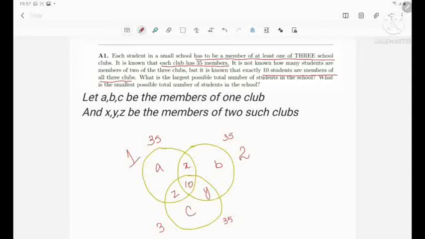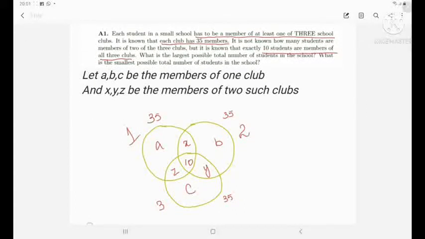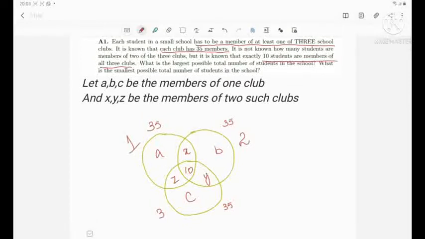Hope you understand. We are asked to find the largest possible total number of students in the school and the smallest possible number of students in the school. Using all this information, we have to find the value of n, because this is what is asked.